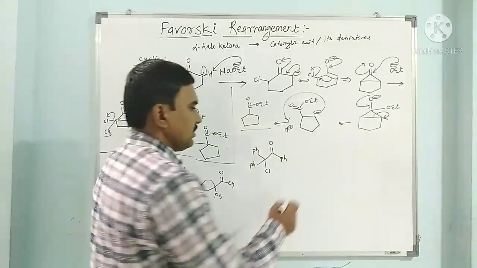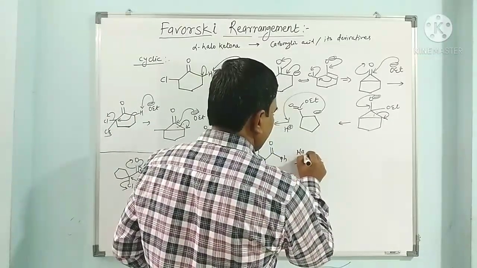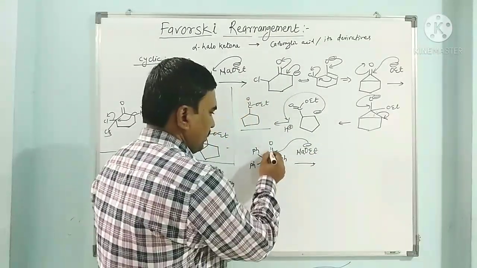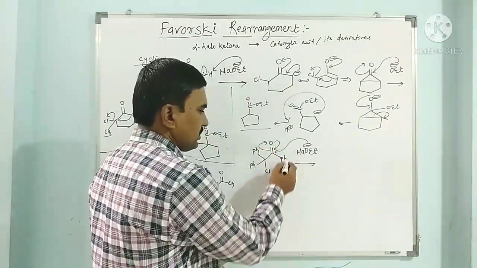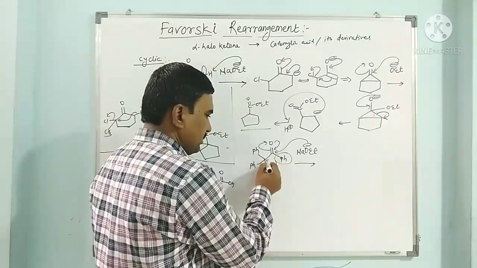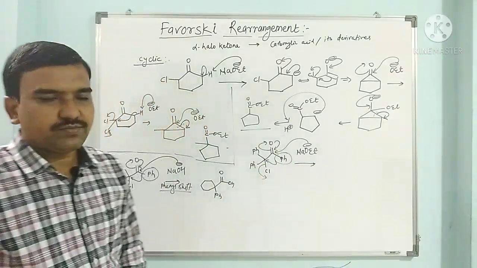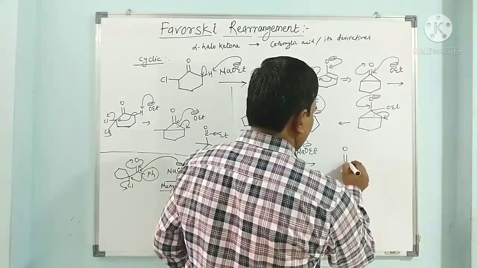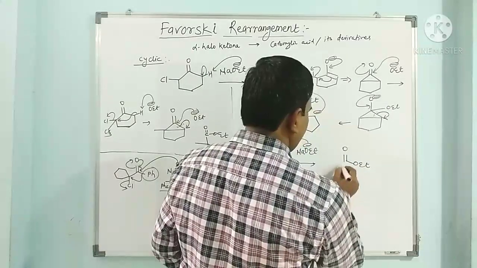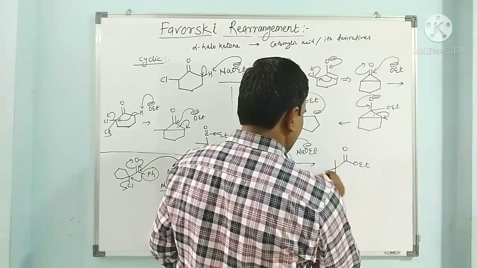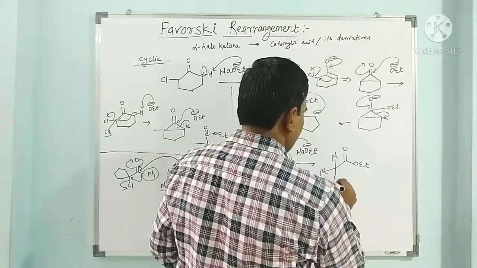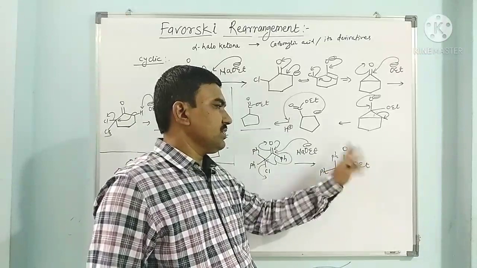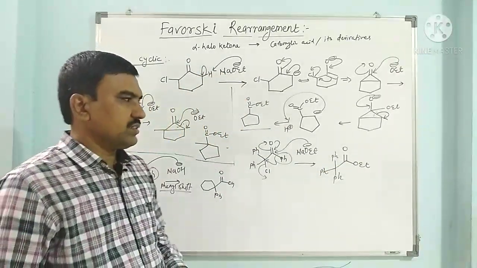Then when it is treated with NaOEt, this OEt minus attacks here, electron density goes to oxygen and returns from oxygen, then this phenyl migrates and this Cl departs as a leaving group, and we get COOEt with Ph, Ph and this Ph. So a highly alpha-substituted ester we get in this reaction.